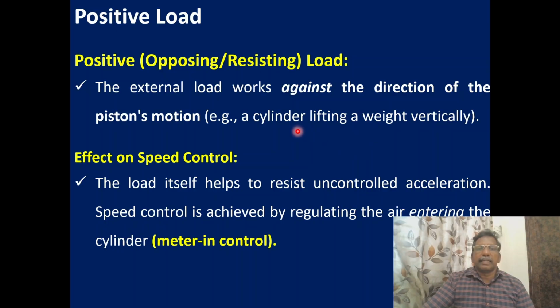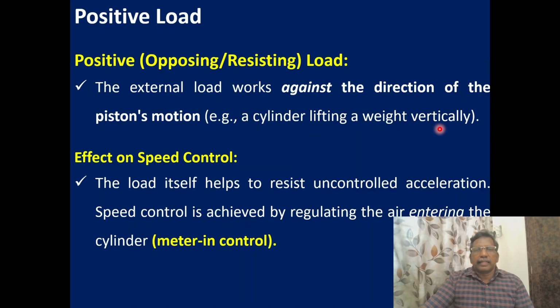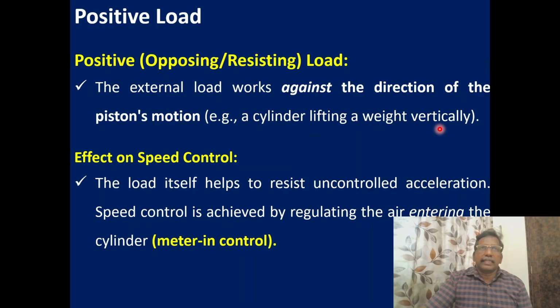For example, we can lift a weight vertically with a cylinder. When we are lifting the load upwards, it is against the direction of the piston. The piston motion is going down, but we are working against it. So that is the positive load.